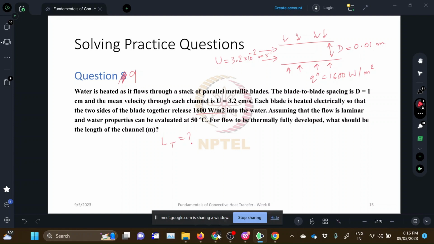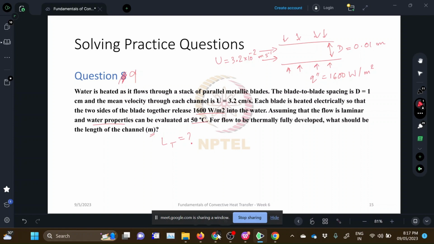We have to find the entry length in meters as well, so it's better to convert everything else to their SI units. And we are told that the water properties can be evaluated at 50 degrees Celsius.